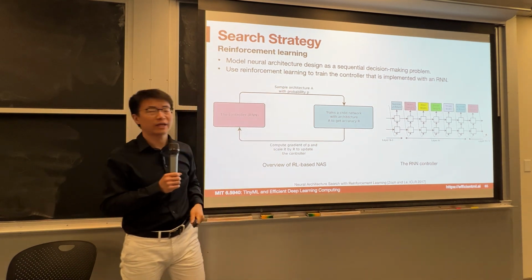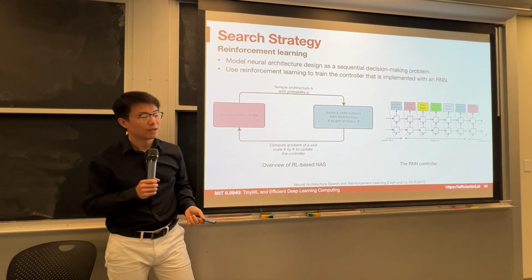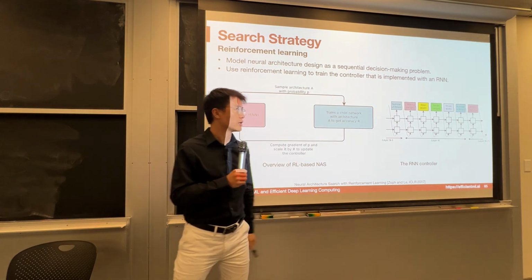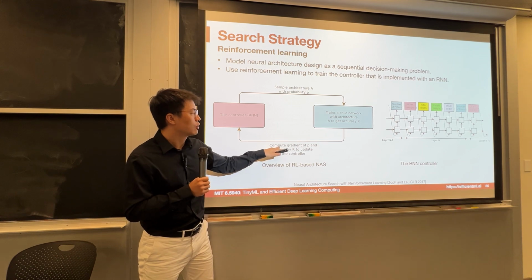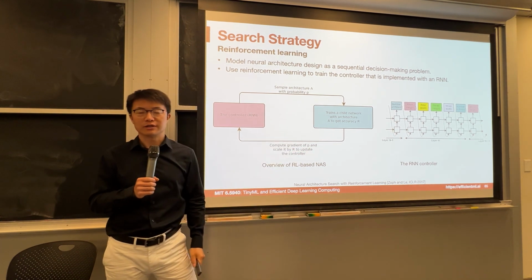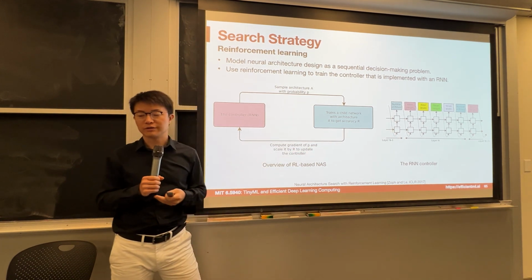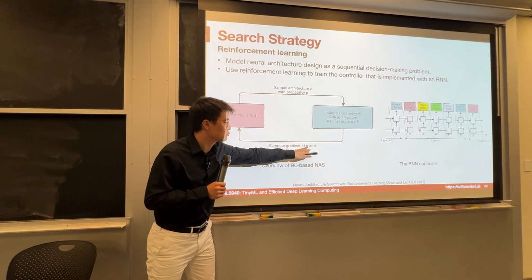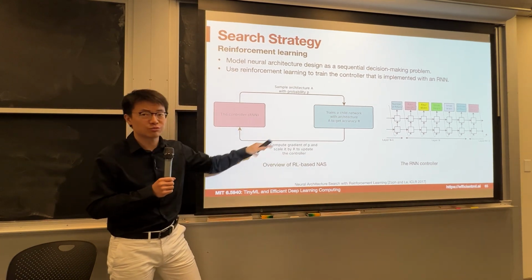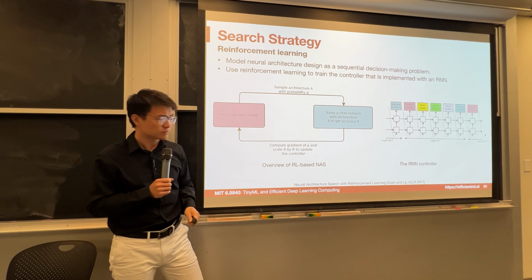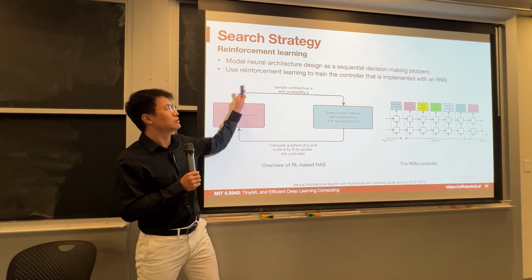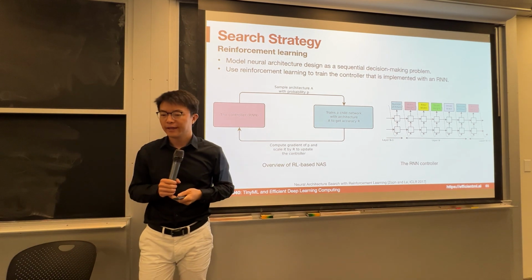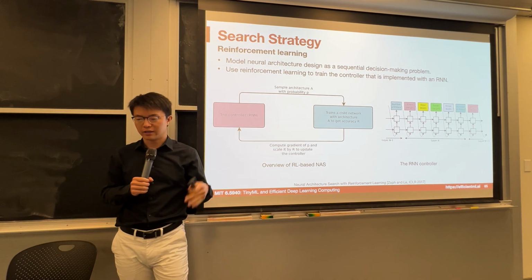We sample an architecture with probability P, and then we train this child network to get accuracy R. Then we calculate the gradient of this probability, because the gradient of the other components is not differentiable, but the gradient of this P, this probability, is differentiable, and scale it by R to update the controller. And next time the controller is going to emit a new architecture, and so on.